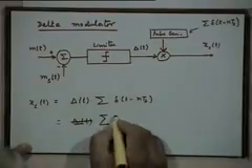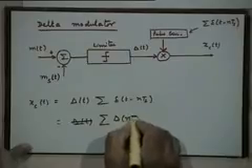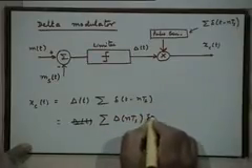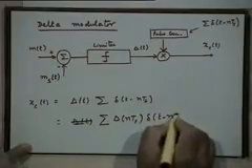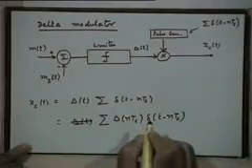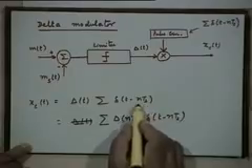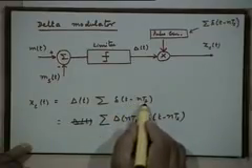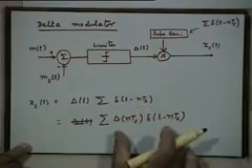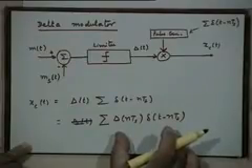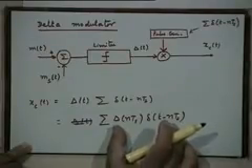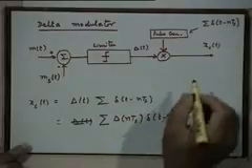You can take this delta t inside and write this as delta m Ts into delta t minus m Ts, because when you multiply delta t with delta t minus m Ts, using the shifting property of the impulse function, you can write it like this.